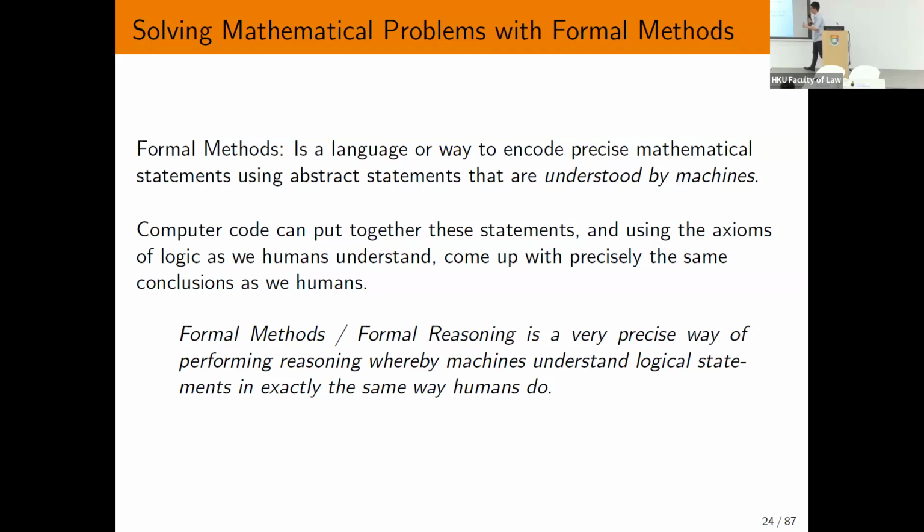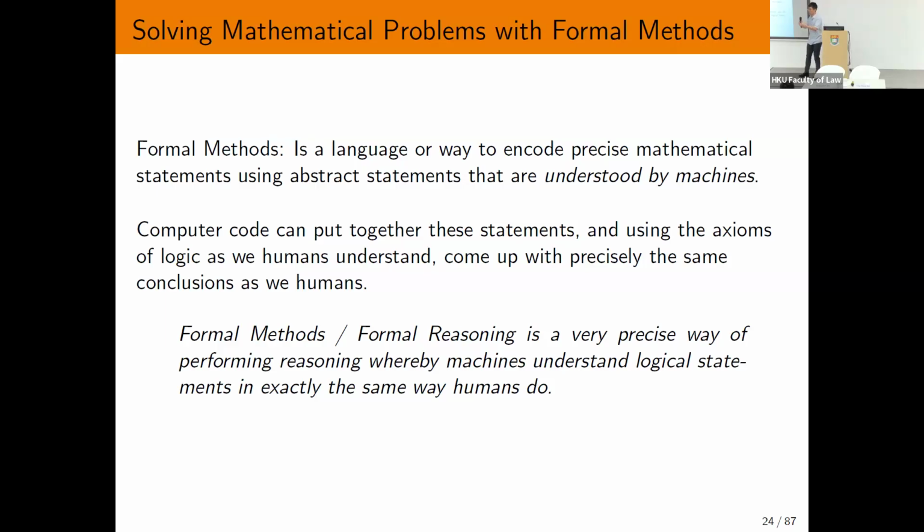A lot of stuff over here, but I think the most important takeaway is that formal methods are a very precise way of performing reasoning, whereby we can be confident that the machines understand logic or logical statements and conclusions in exactly the same way that humans do.